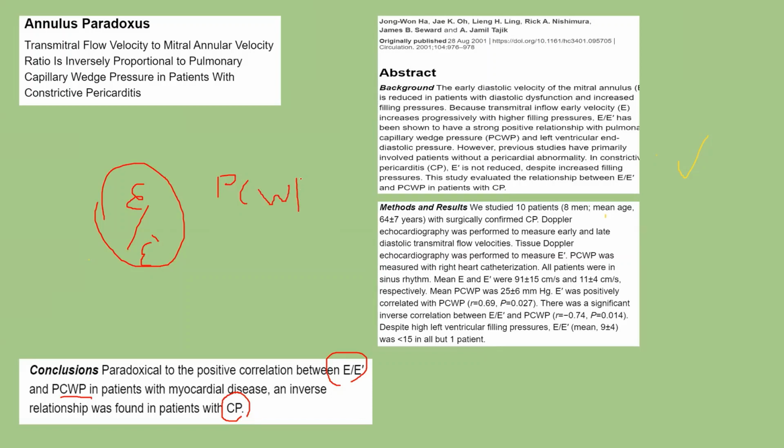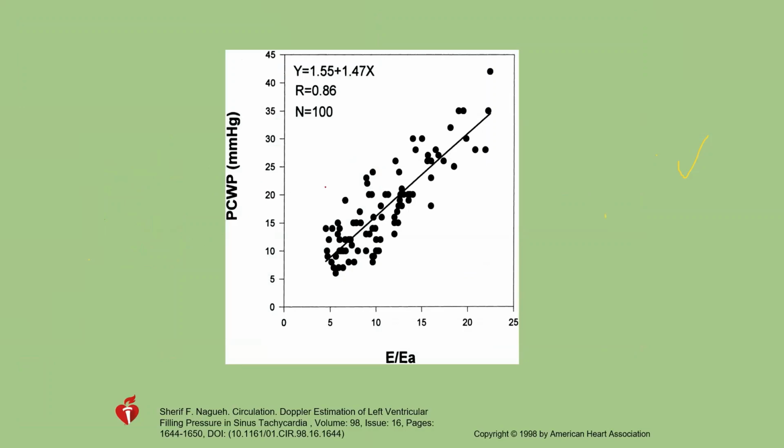The bigger it is, the higher the pulmonary capillary wedge pressure. Right? That's in a non-constriction situation. That's what we see: E over E prime ratio linearly correlates with, or is proportionally related to, the pulmonary capillary wedge pressure.